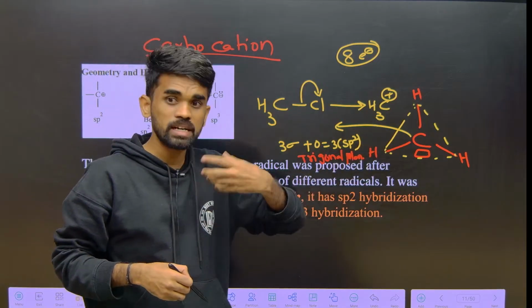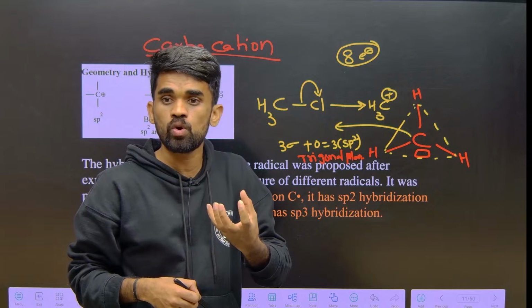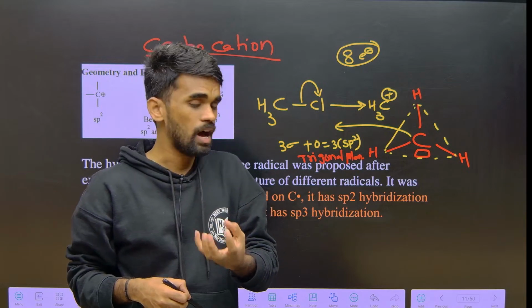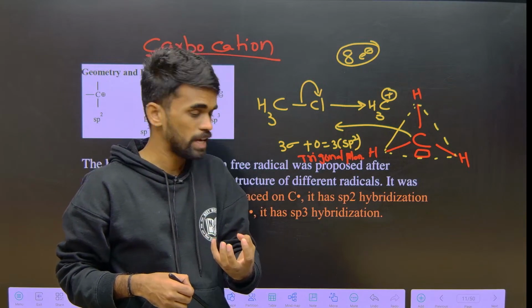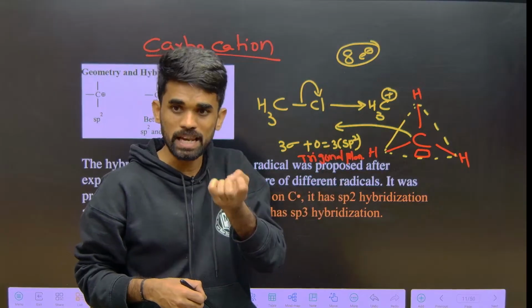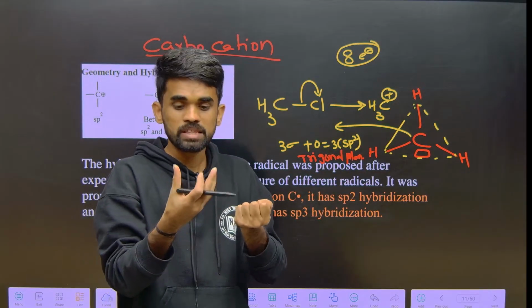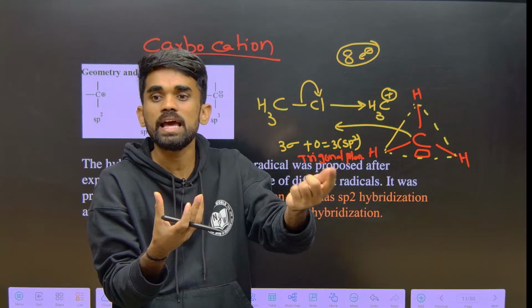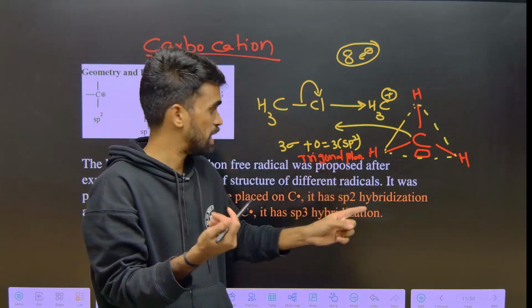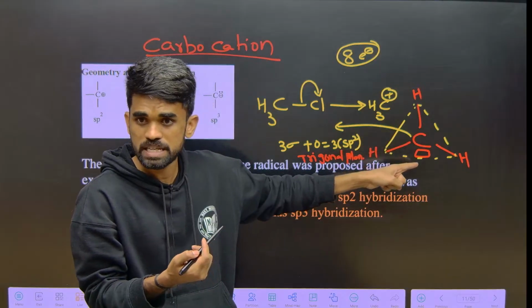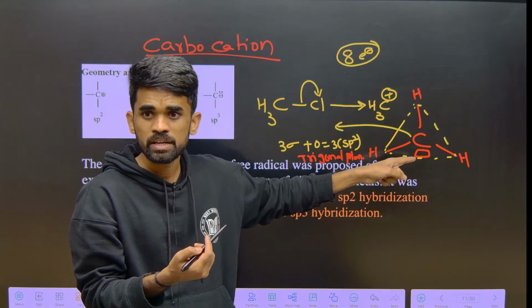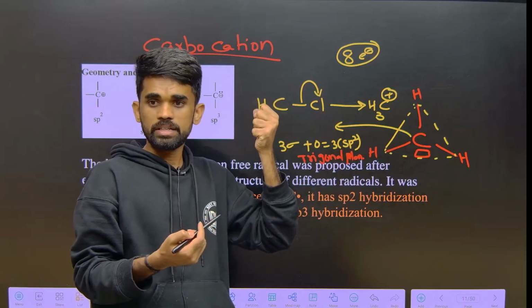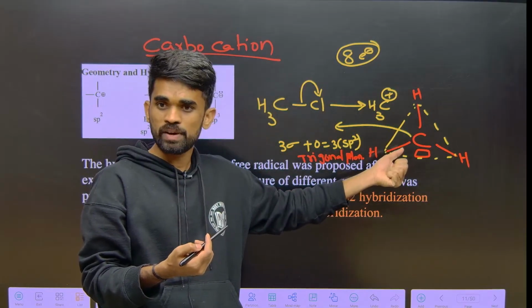Some other term we will be using here is electrophile. What is that? Electro means electron, and phile means love. The species which have affinity or love towards electrons are called electrophiles. Now this species has electron deficiency, so it has a tendency to take electrons. So can I say it is an electrophile? Yes.